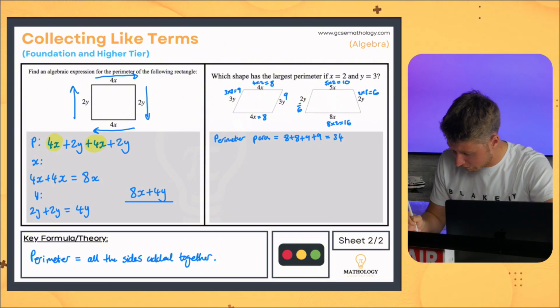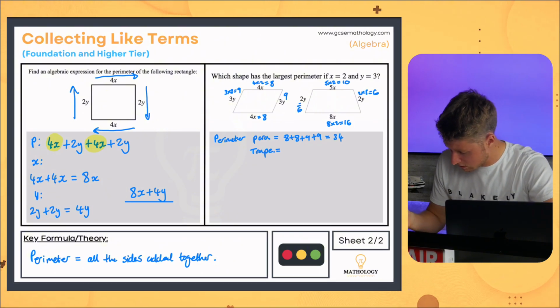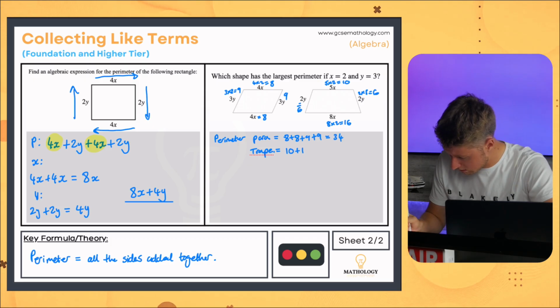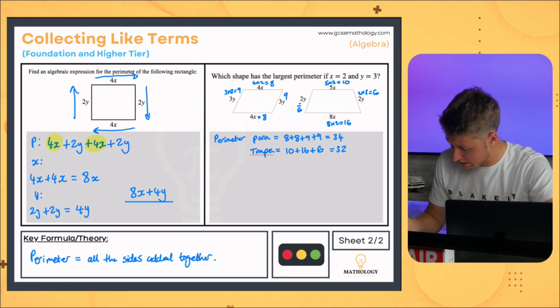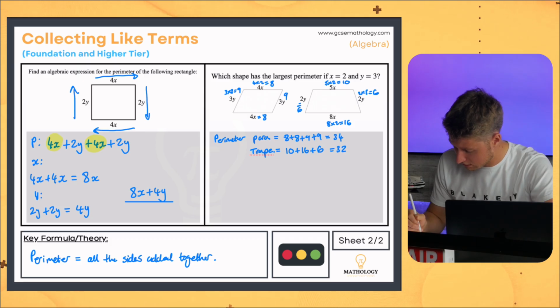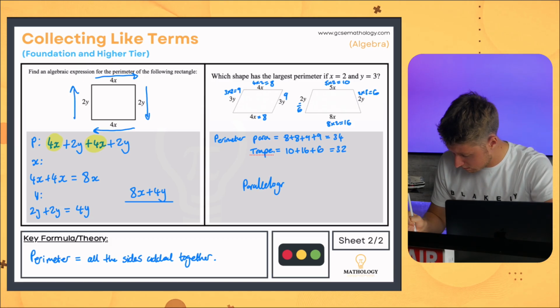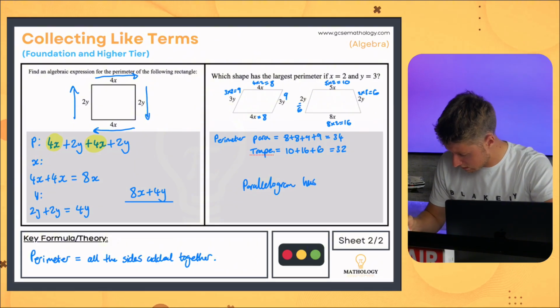And the perimeter for the trapezium, we've got 10 plus 16 plus 6 plus 6, and this gives us 32. So the shape that has the largest perimeter is the parallelogram.